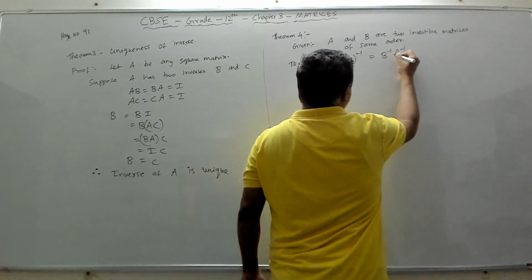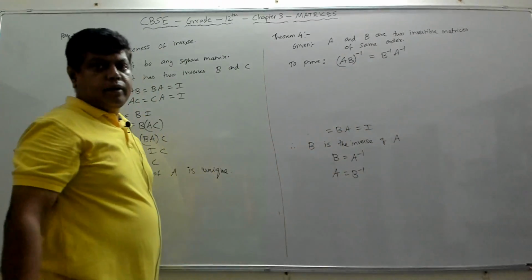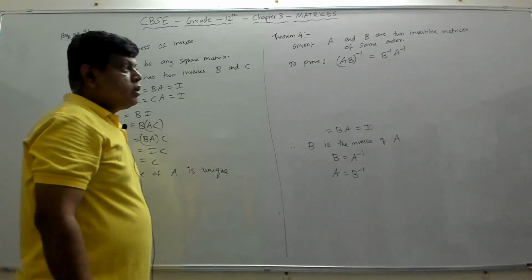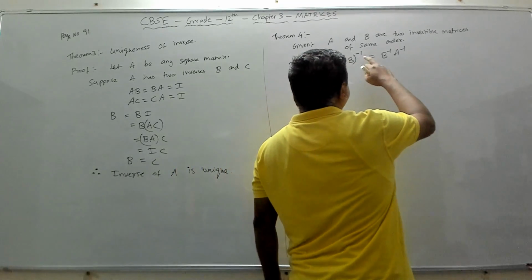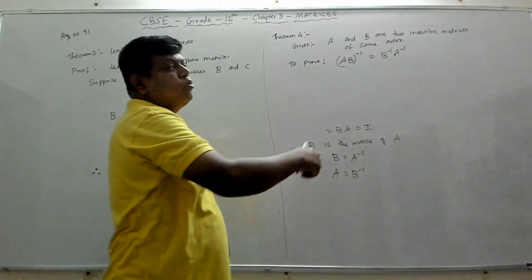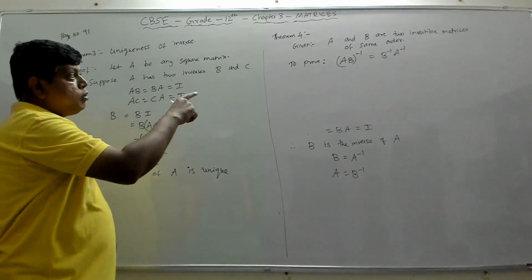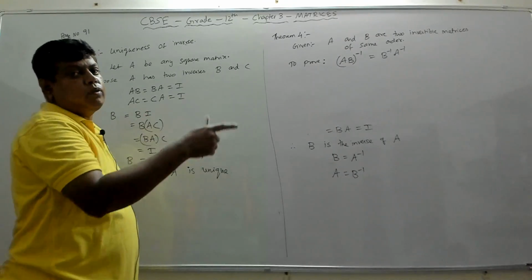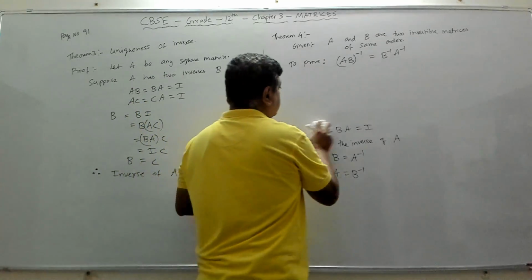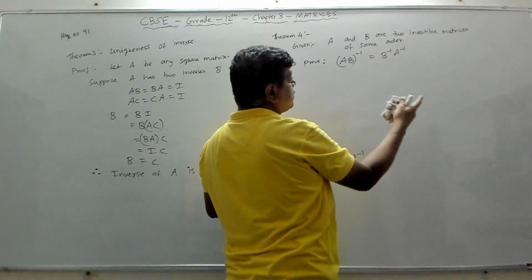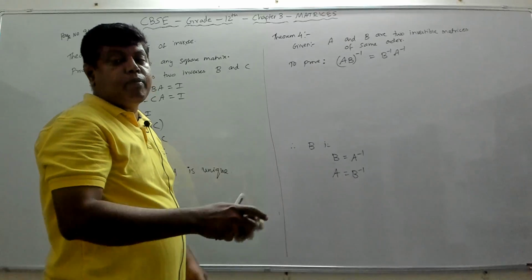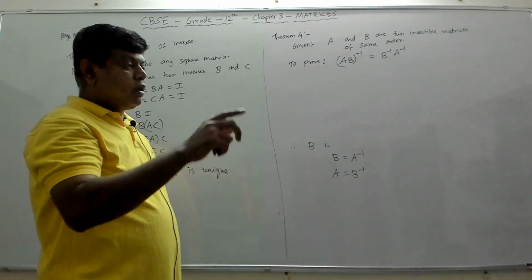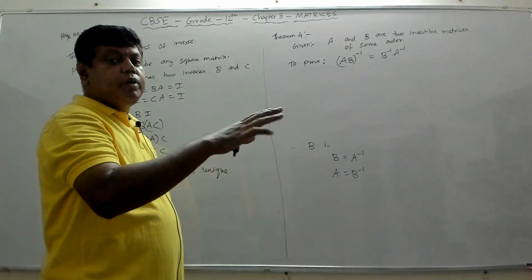We have to prove that the inverse of AB is B inverse into A inverse. AB whole inverse is not equal to A inverse into B inverse. It is B inverse into A inverse. Obviously B inverse into A inverse is not the same as A inverse into B inverse, because matrix multiplication is not commutative. A into B need not be equal to B into A.